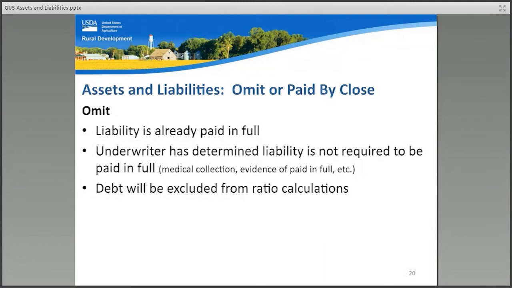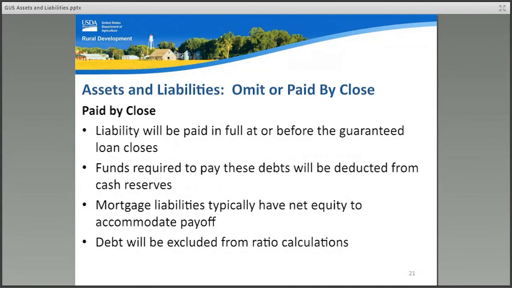Examples of omitting debts may include, but are not limited to, medical collections, evidence the debt is already paid in full, etc. Underwriting rationale and documentation will be retained as applicable and recorded in the permanent loan file. And finally, debts that are omitted will not be included in the debt ratio calculation.